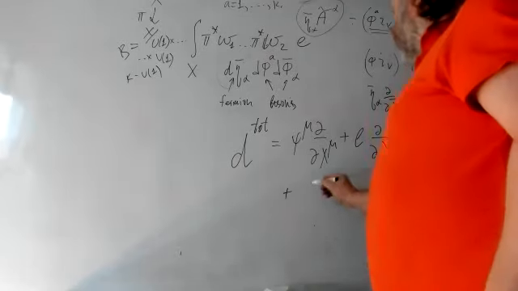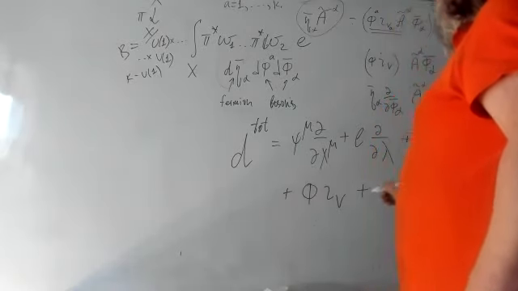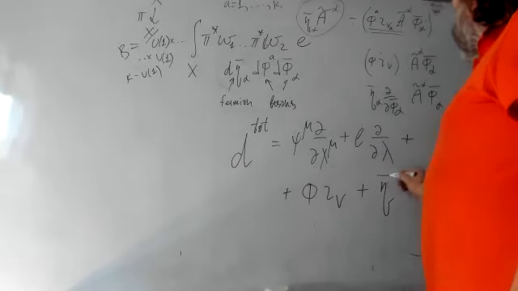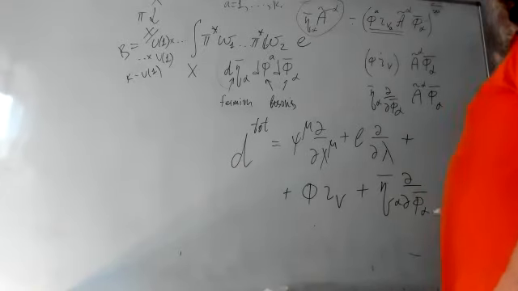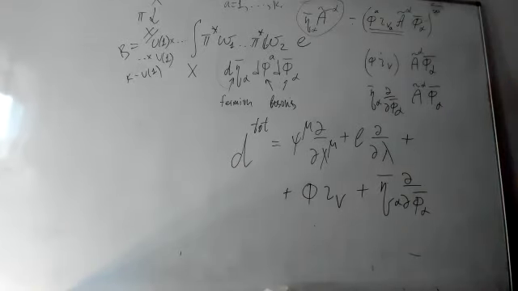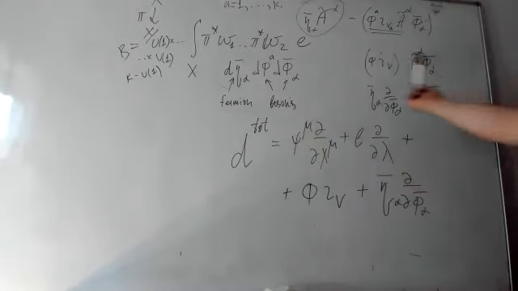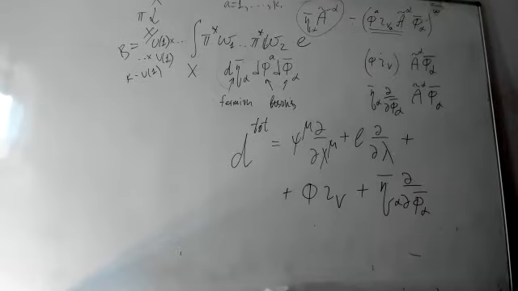Plus the equivariant piece, plus eta bar d over d phi bar. And then I see that the full exponential is the total of something.